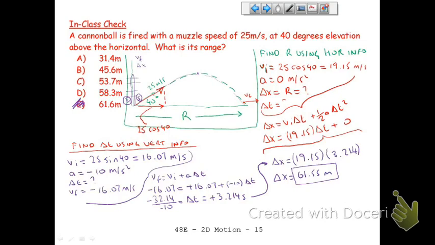I understand the equations and information you gave in the problem, but somehow they don't satisfy me. For example, if the cannonball is somewhere not on the ground, then the distance may be different. Oh yeah, sure. Big different problem. But you didn't say any of that in the problem, right? Did you? I said a cannonball is fired with muzzle speed, degrees elevation above the horizontal. What is the range? No, I agree.